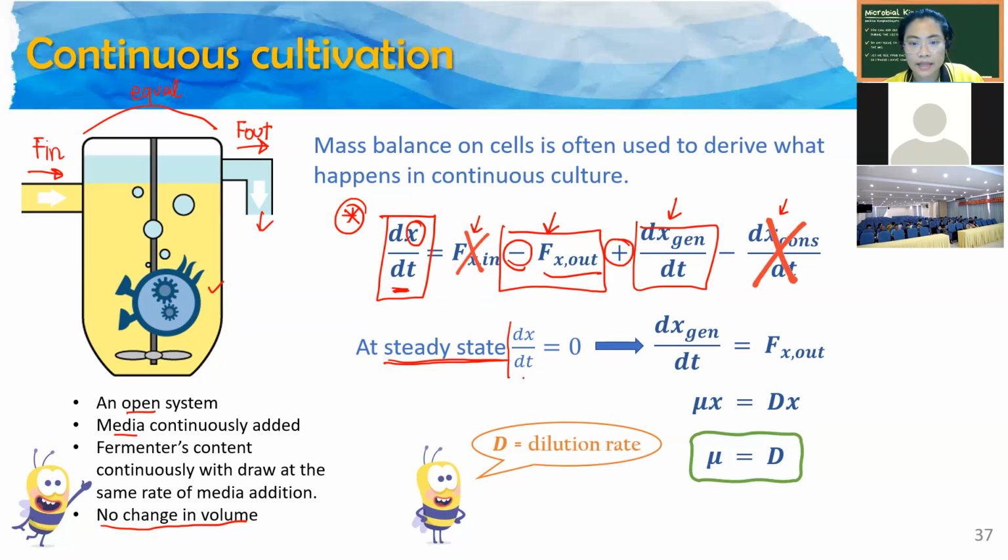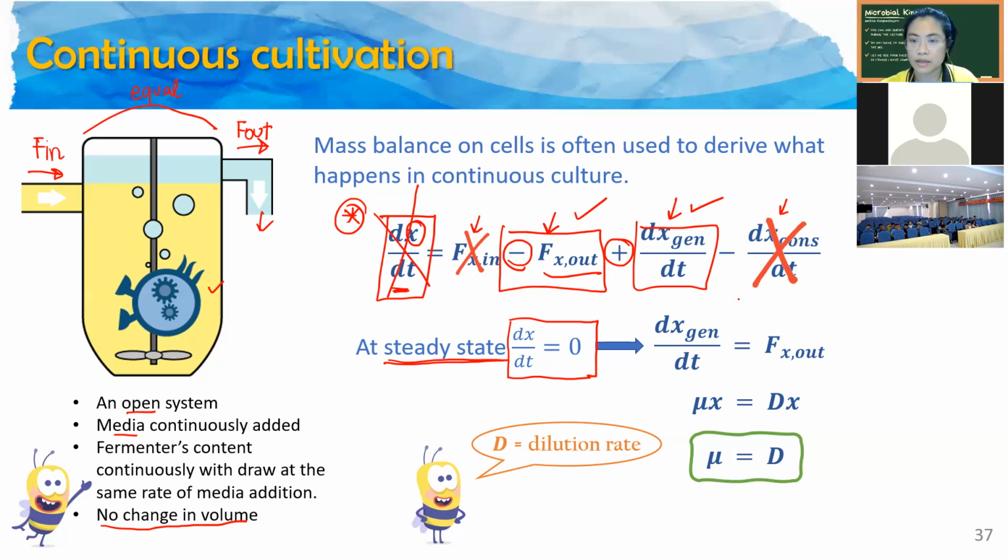In this case, at the steady state, the change of a thing in the fermenter is equal to 0. Okay, there's no apparent change. So that means that this term becomes 0. Then you are left with this term and that term.